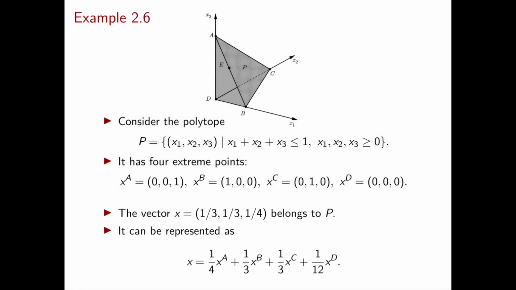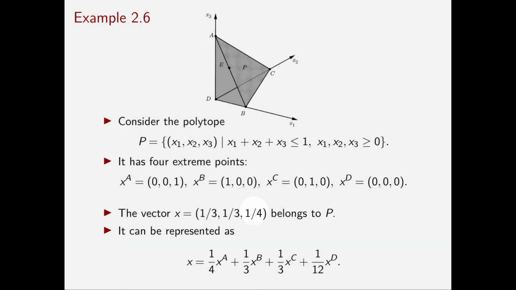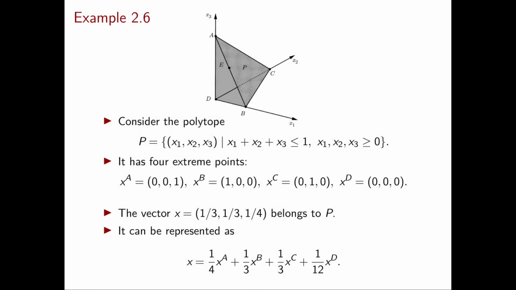So for example, let's pick the vector (1/3, 1/3, 1/4). This vector belongs to P. To convince yourself, you immediately see that all the components are non-negative, so the non-negativity constraints are satisfied, and then if you plug in 1/3, 1/3, 1/4, you will see that the sum is less than or equal to 1. So this vector belongs to P, and we should be able to write it as a convex combination of the 4 extreme points.